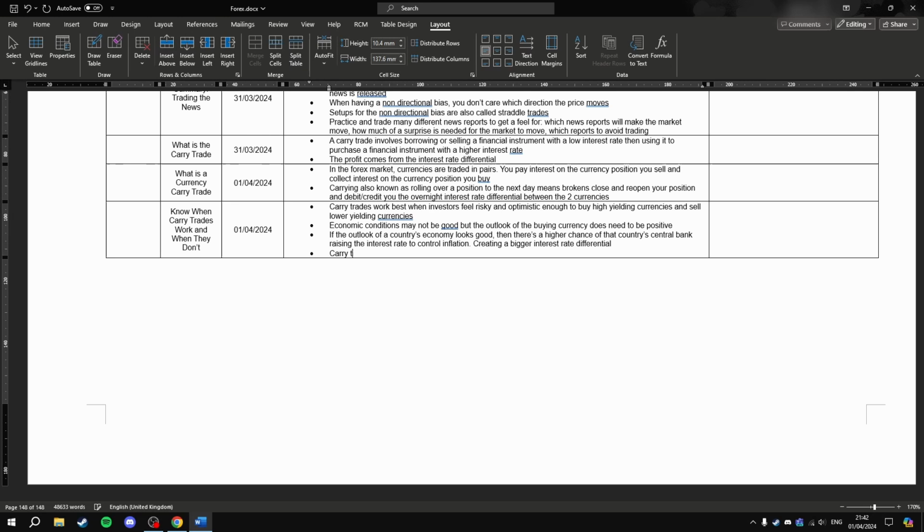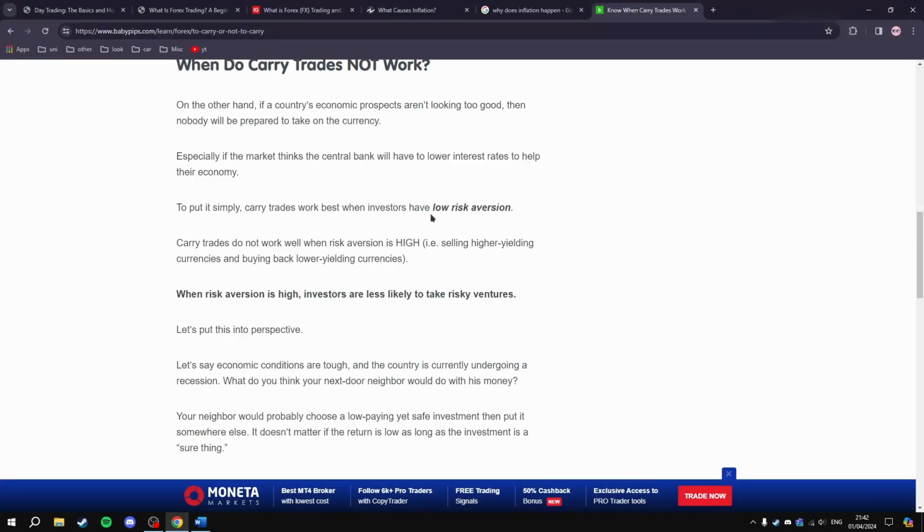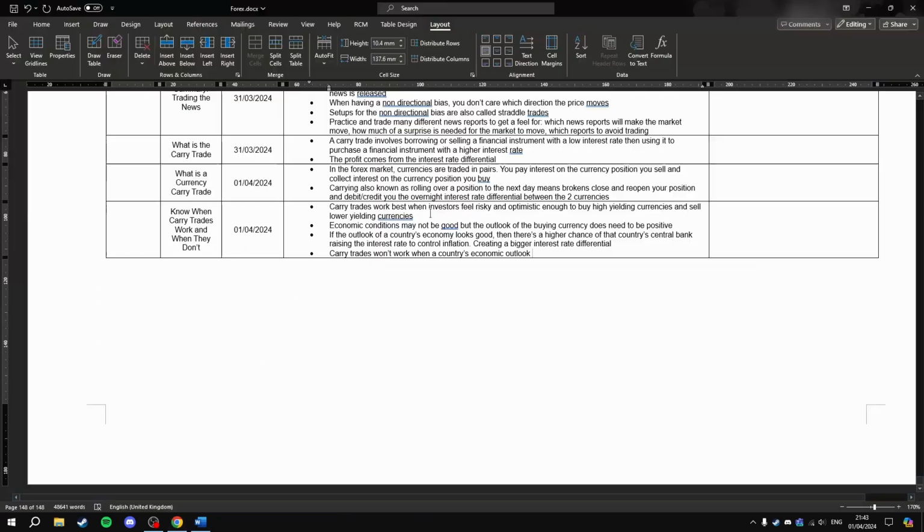Carry trades won't work when a country's economic outlook doesn't look good.